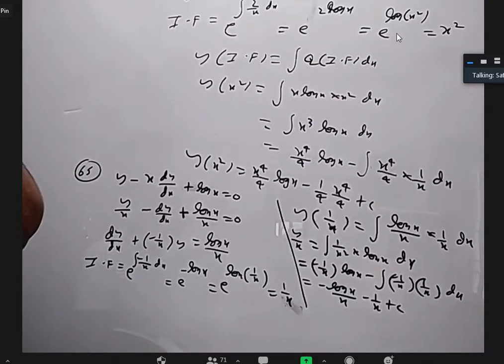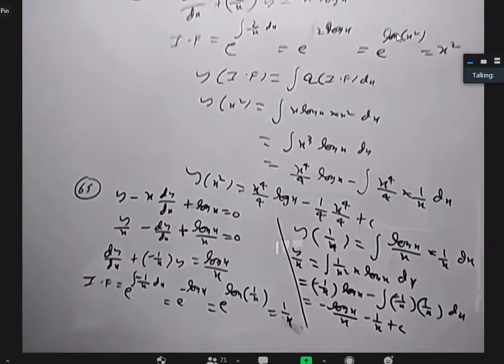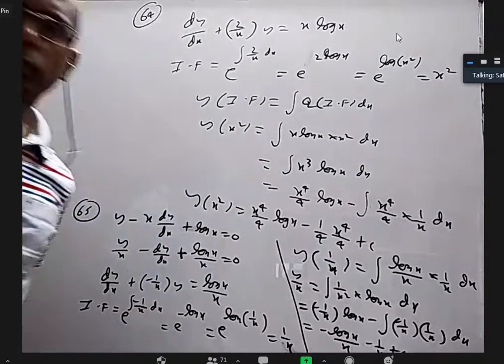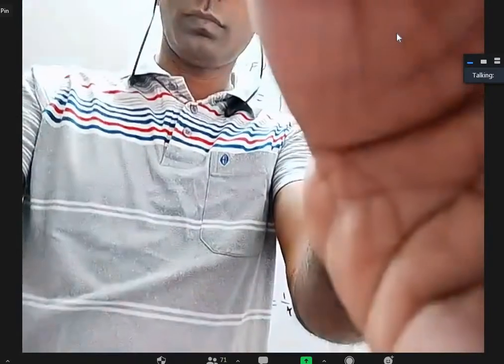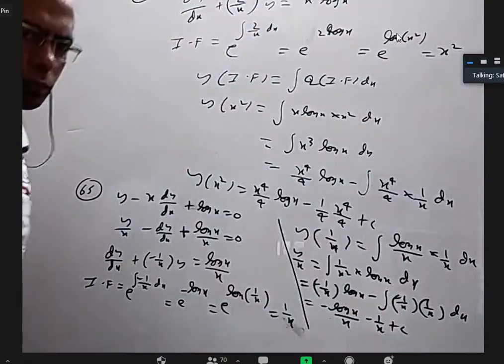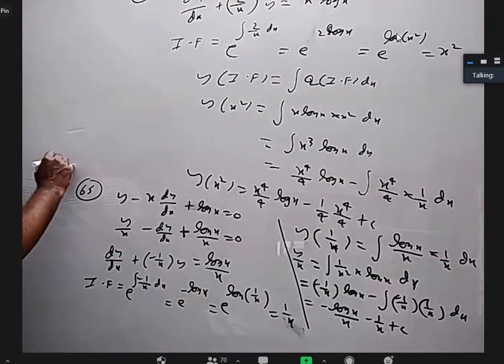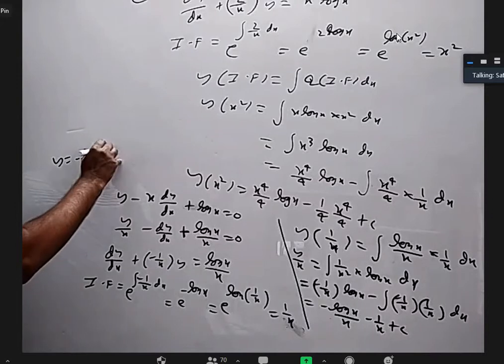And we have to see what the answer is. They can send x to the other side and get, so this x if I multiply, finally I'll get y is equal to minus log x minus x minus log x minus 1 plus cx will be the answer.